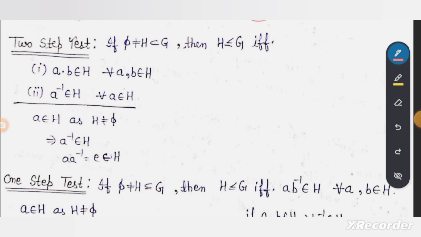Now, if you want to test whether a subset H of G is a subgroup or not, we have the two-step test and the one-step test. What is the two-step test?